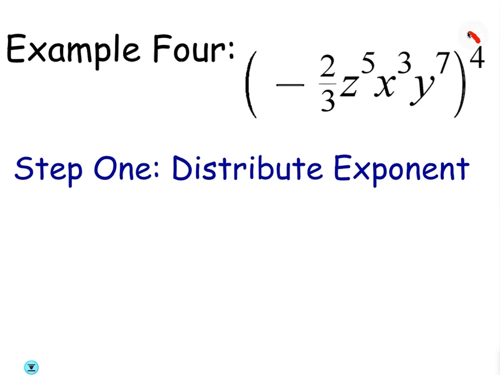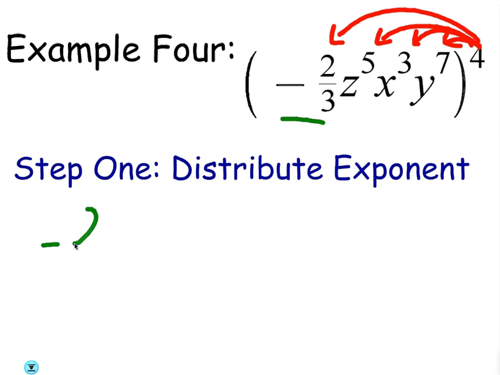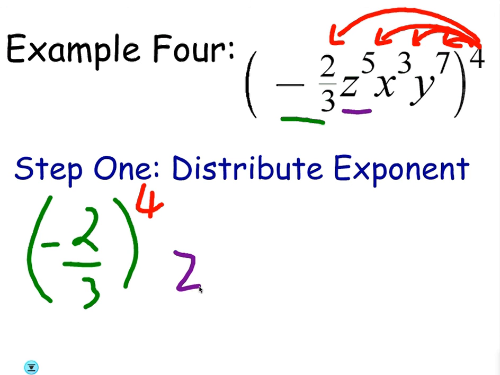So we're going to distribute the 4 to the -2/3. We're going to distribute to the z to the 5th. We're going to distribute it to the x cubed, and finally to the y to the 7th. So first we're going to have -2/3 to the 4th. Next we're going to have z to the 5th raised to the 4th.